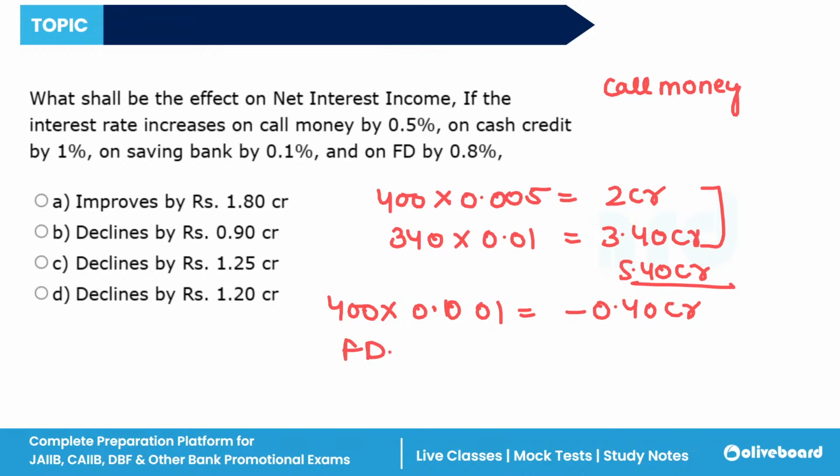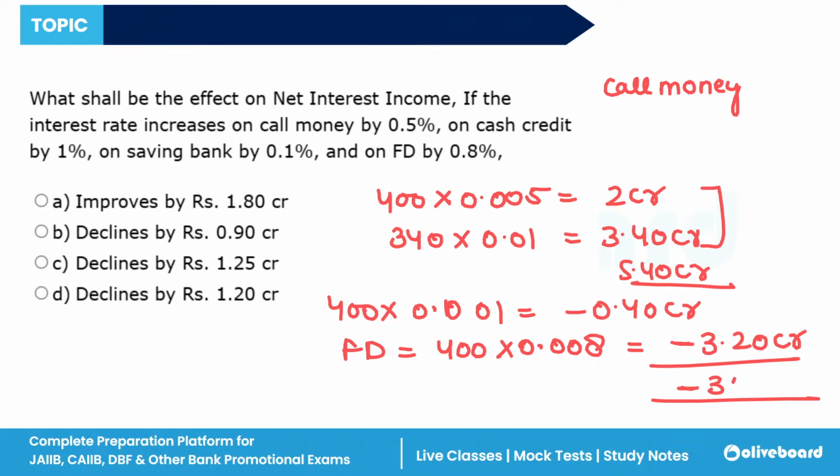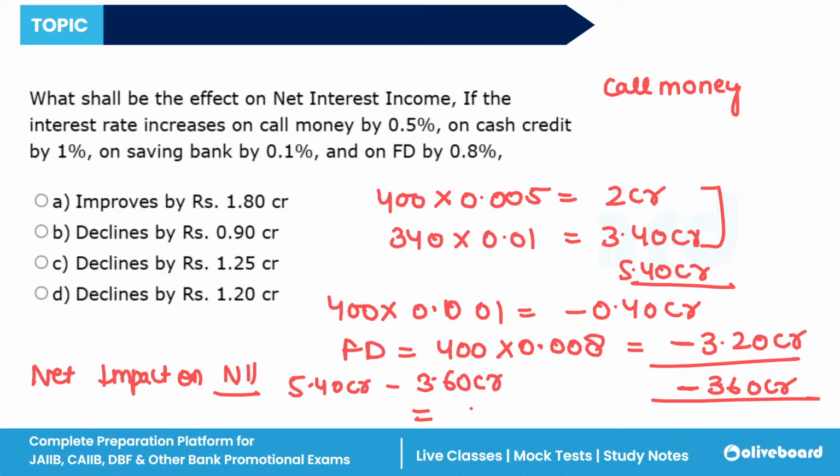FD is 400 by 0.008, which is negative 3.20 crore. Total is here negative 3.60 crore. So the net impact on NII, just subtract them, which is positive 1.80 crore.